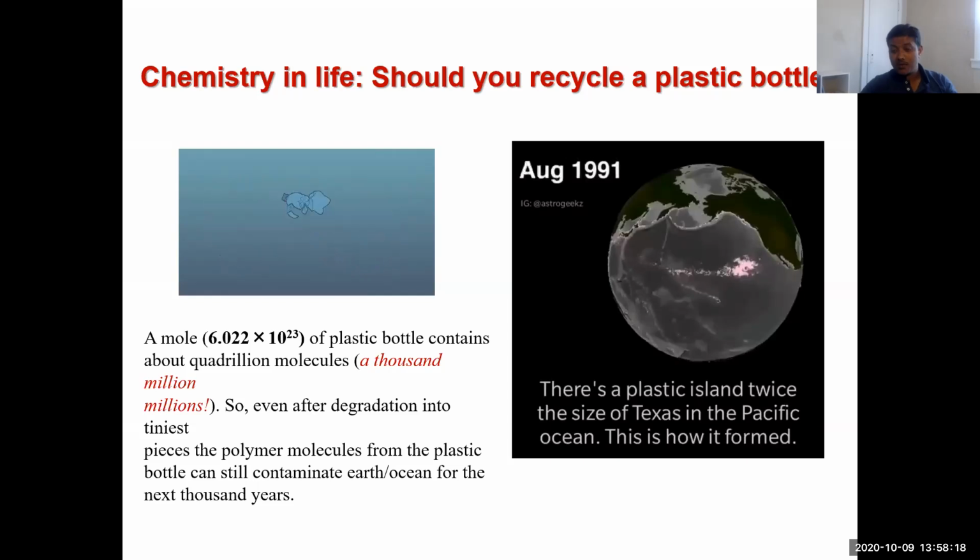So if you happen to have 1 mole of plastic bottle, it's never going to go away. Even after degradation of thousands and thousands of years, there are still going to be small molecules flying around.